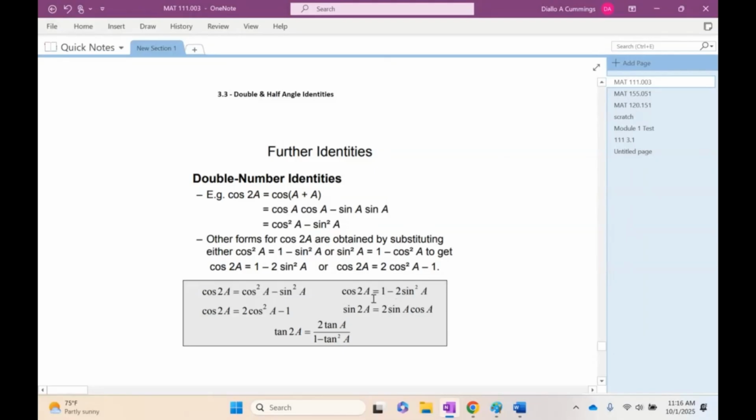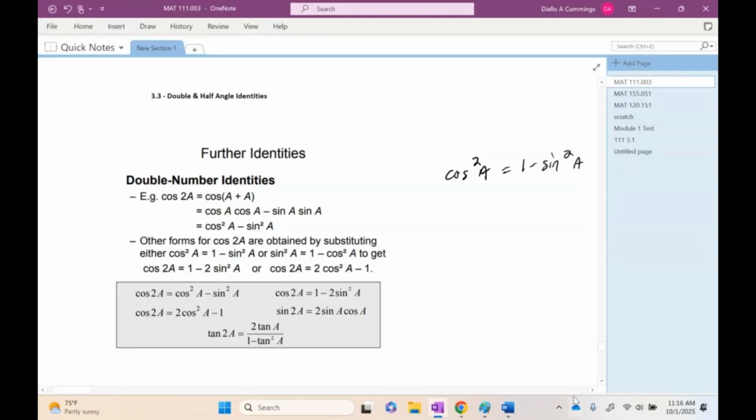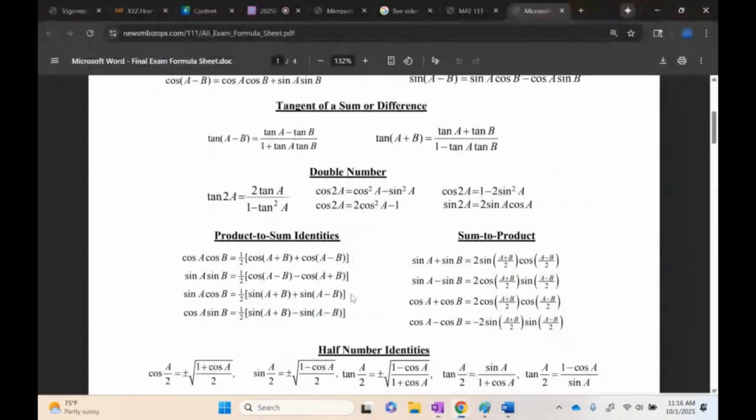But then you're going to notice there's two more formulas. This next formula is simply derived from the fact that you can rewrite cosine squared A as 1 minus sine squared A, right, from those Pythagorean identities. So I'm going to pull that up real quick.